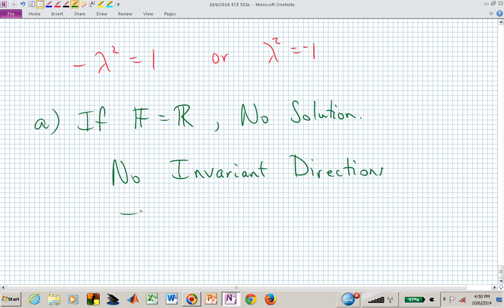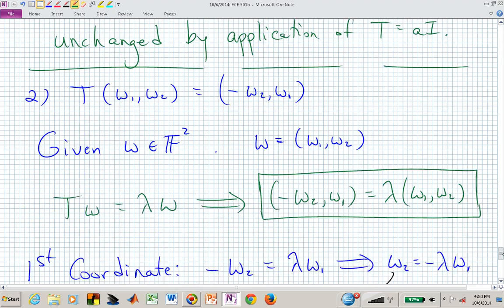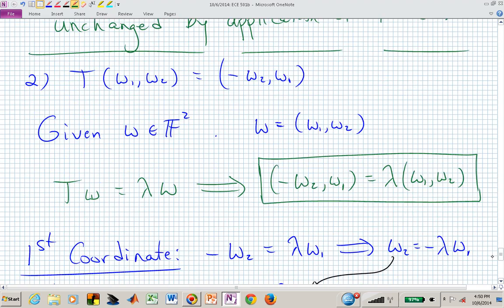And if we go back to this linear map, what are we doing? We're rotating, aren't we? We're taking the y position and going into minus x, and we're taking the x position and going into y. So again, this is a 90-degree counterclockwise rotation. And no vector that you start with and you rotate at 90 degrees is going to stay in the original direction.